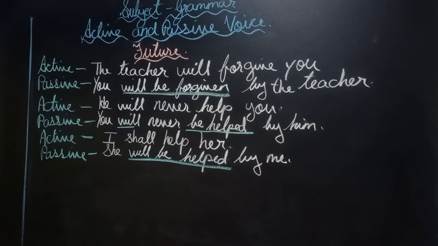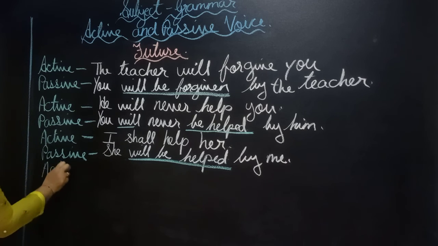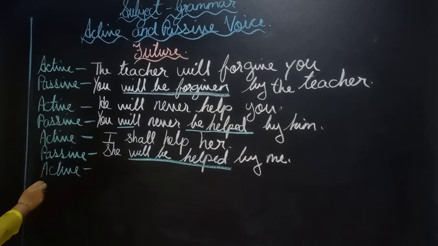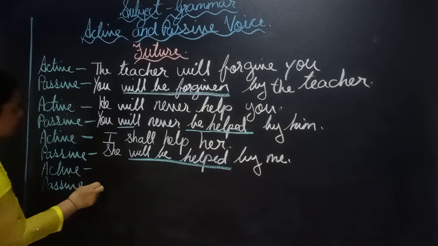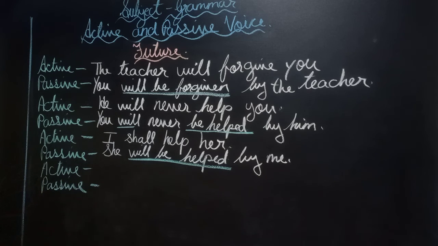Next one, one active and one passive. Let's write it down. See the rules are, okay students, just observe the rules please, because rules are very important.